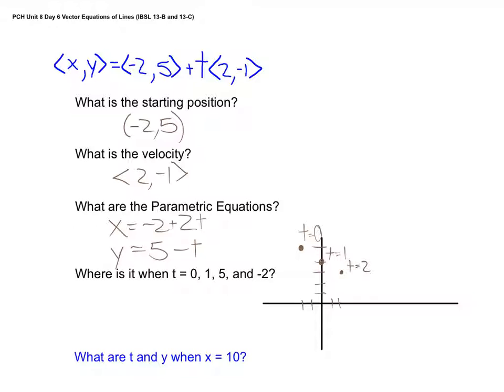Now, we don't necessarily need the parametric equations when we're finding these different times. Where is it when t equals 0, 1, 5, or negative 2? You're just plugging in different points.